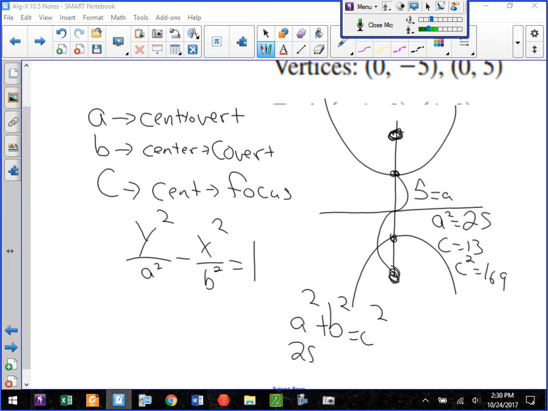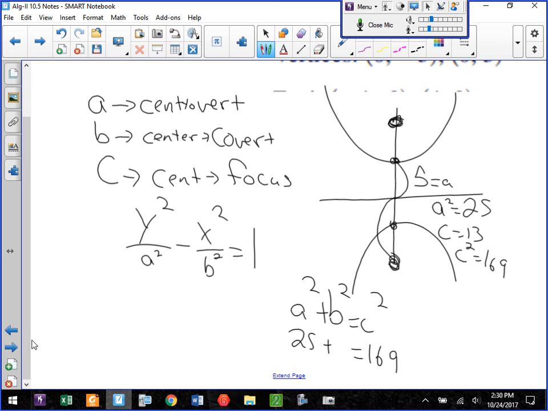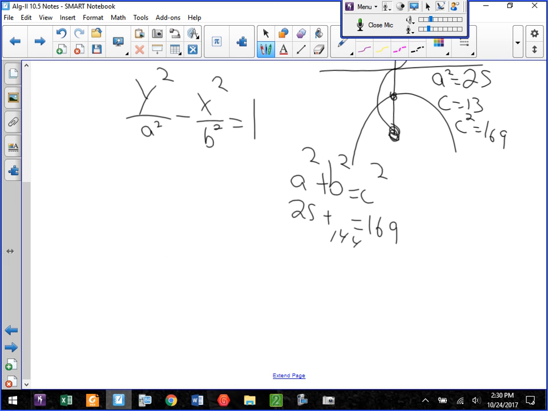So 25 plus what is 169? 144. And you don't have to graph it. You don't have to label anything. It's just write the equation, so you know where the values go. So you wind up with y squared over 25 minus x squared over 144 is 1. When you write equations out like that, given the vertices and whatnot, you don't really have to do any math, except counts.